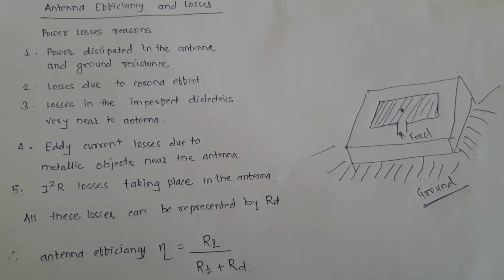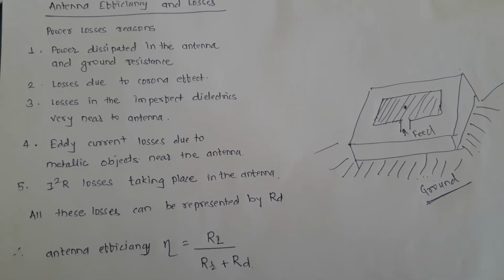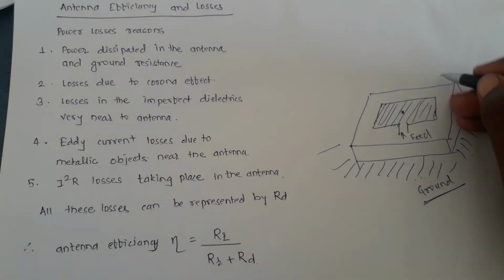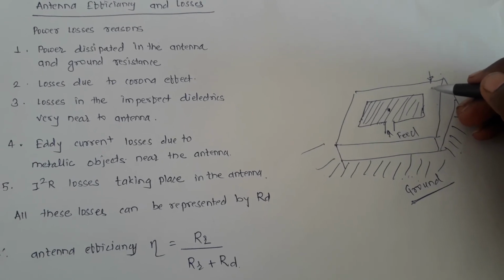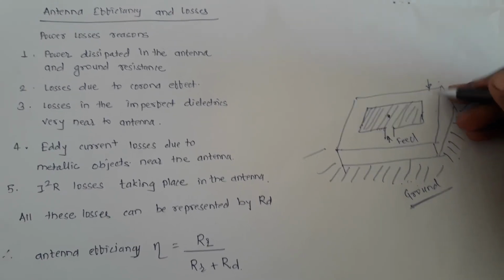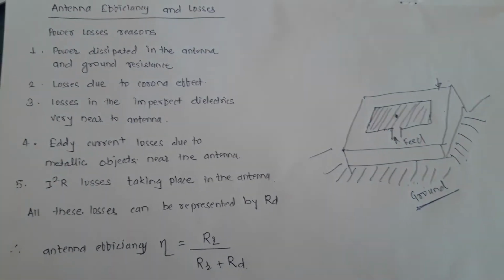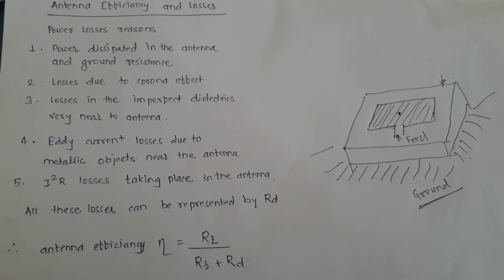Similarly, the third point is the losses in the imperfect dielectric near the antenna. Suppose I am using this as a substrate or dielectric material. If the value of the dielectric is changing, so it is imperfect, definitely losses will be created and the radiations are different, with lossy regions.